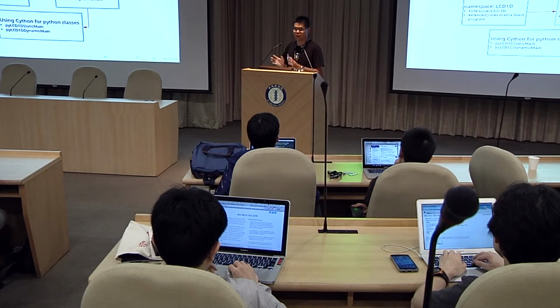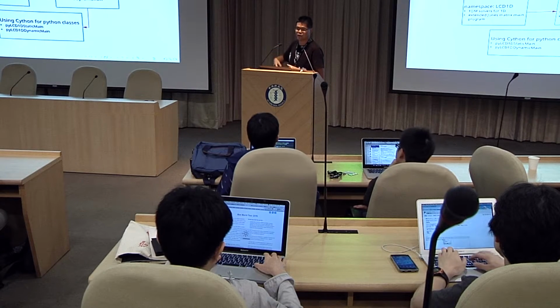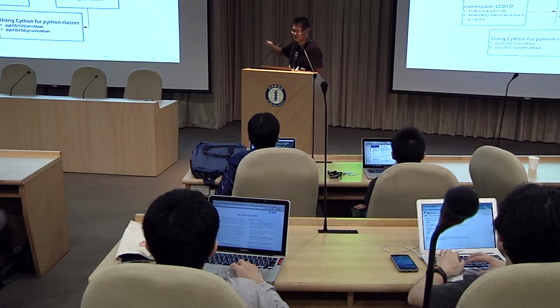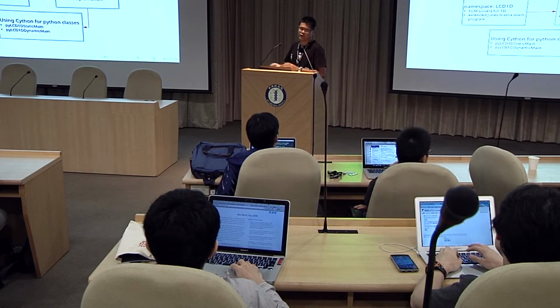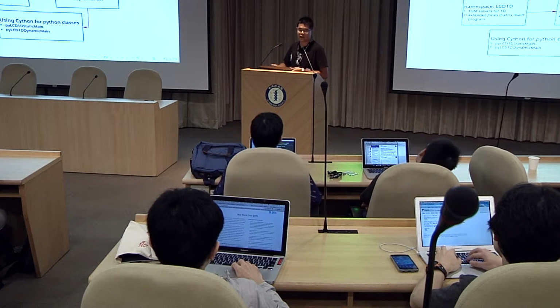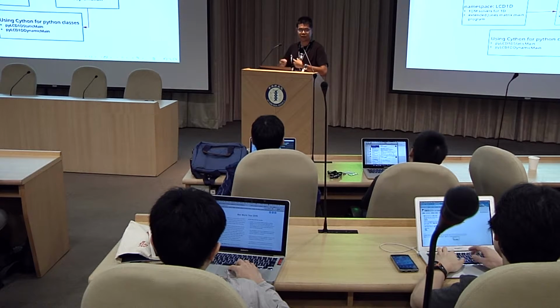So you don't have to care about these details. You don't have to write another interface for this kind of conversion. You just have to export the API interface into Python, and you input the parameters with Python's data structure. The Python will do the conversion for you. And the other way around is the same.